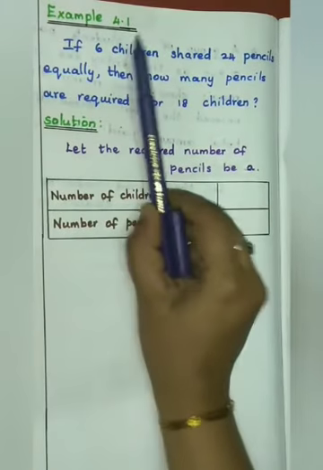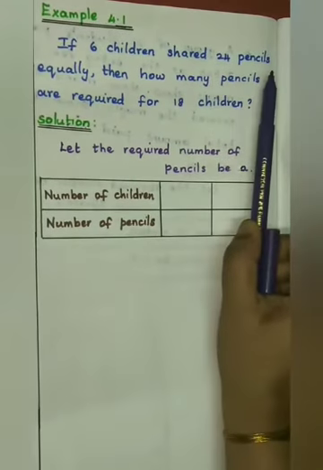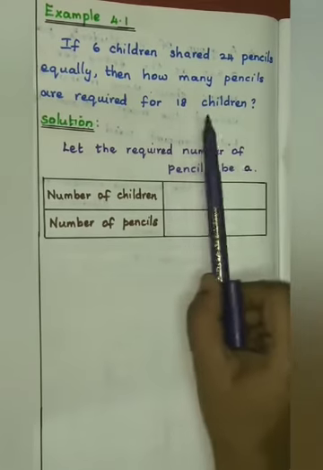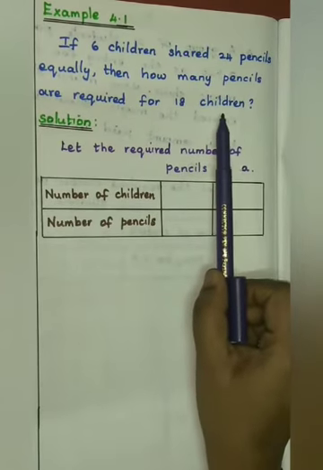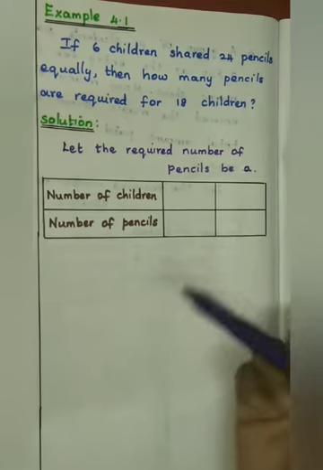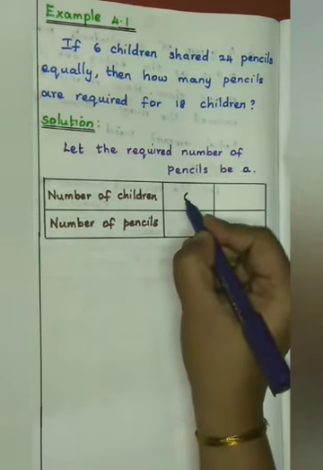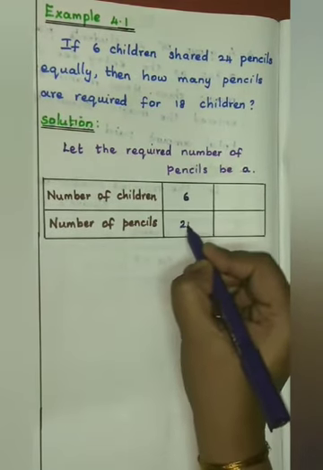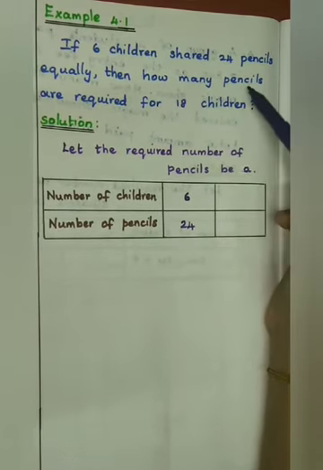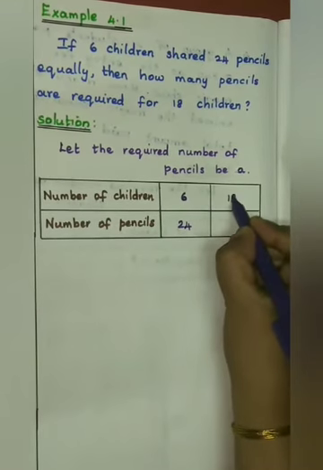Example 4.1, it's given 6 children share 24 pencils. We are asked to find the number of pencils required for 18 children. So let us take the required number of pencils to be A. Now fill the tabular column. 6 children share 24 pencils, so write here 6, 24. Then we are asked to find the number of pencils required for 18 children. So write here 18.